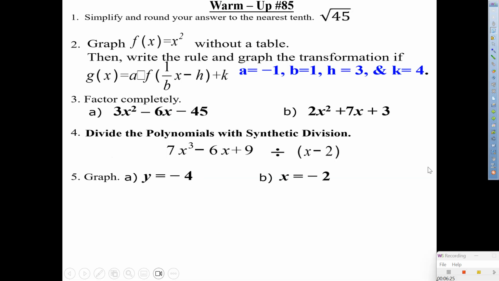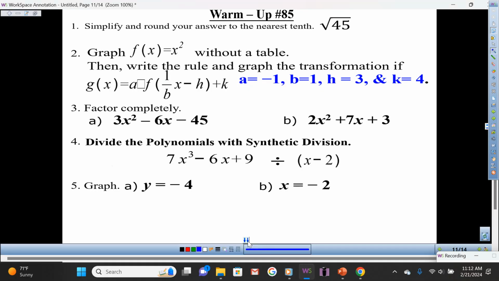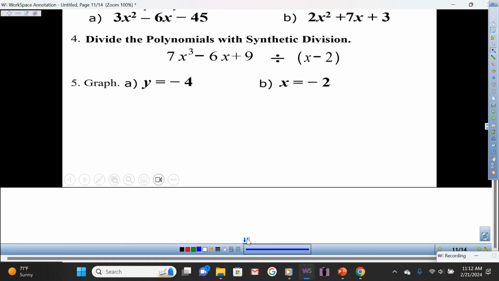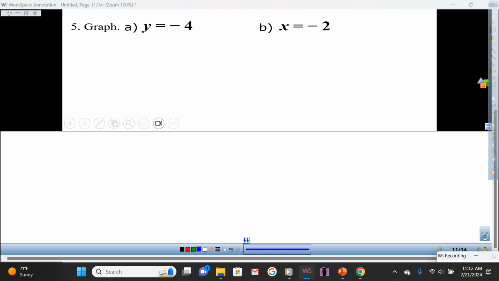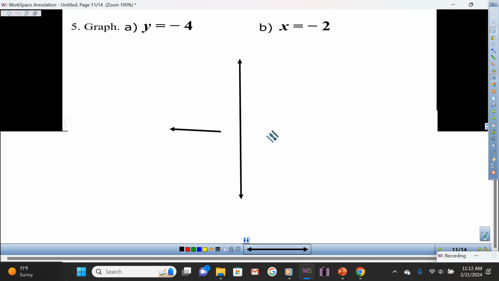Last but not least, number 5. This graph, y equals -4 and x equals -2. Show your neighbor your graphs to make sure they have something similar to yours. All right, here we go. I'm going to graph y equals -4.